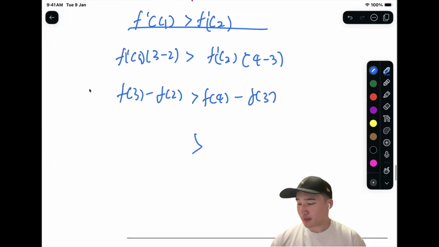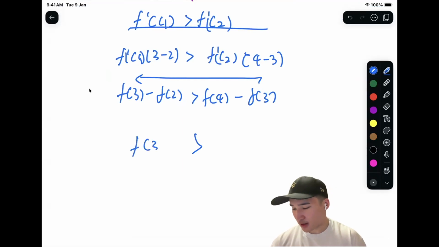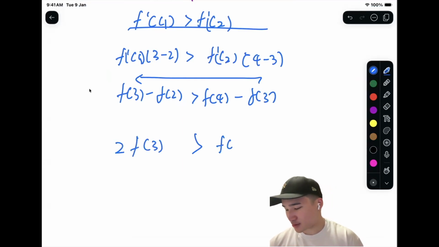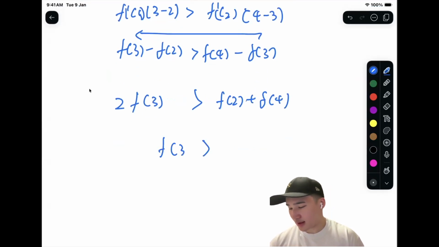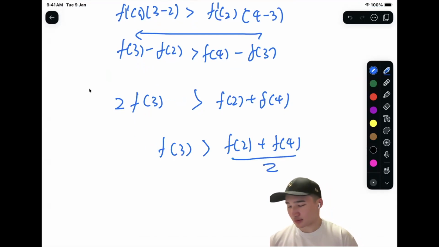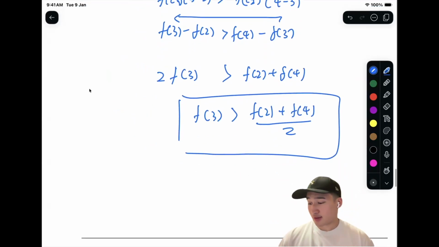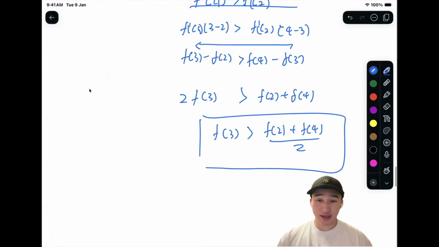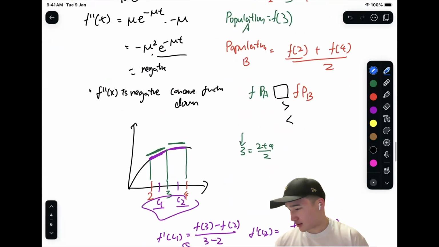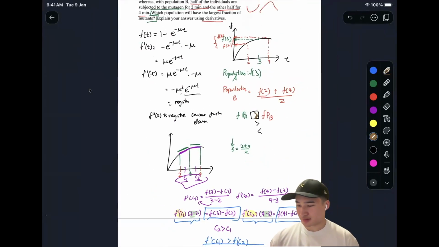Rearranging, you get 2 F3 greater than F2 plus F4, and then F3 is greater than F2 plus F4 divided by 2. So we just proved that the fraction of population A is greater than the fraction of population B. Here is our answer: the fraction of population A is going to be greater than the fraction of population B.